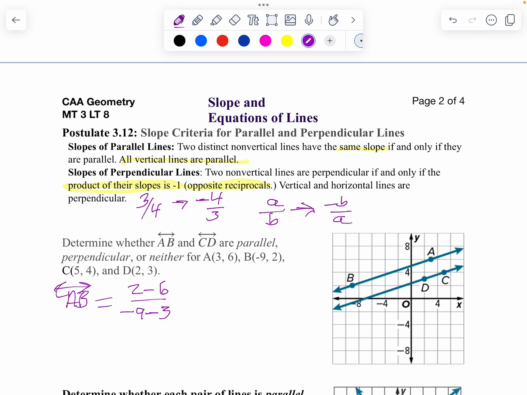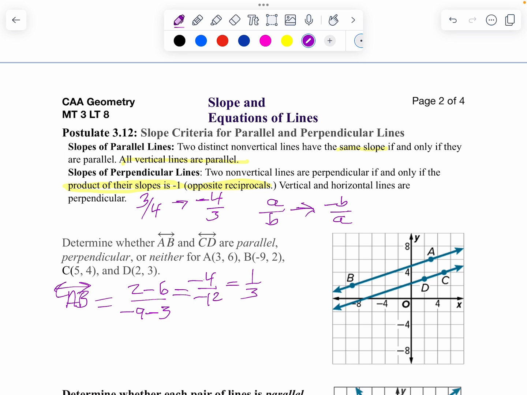You could have said 6 minus 2 and 3 minus the -9. You get the same answer. 2 minus 6 is -4. -9 minus 3 is -12. Reduce our slope, we get 1/3.